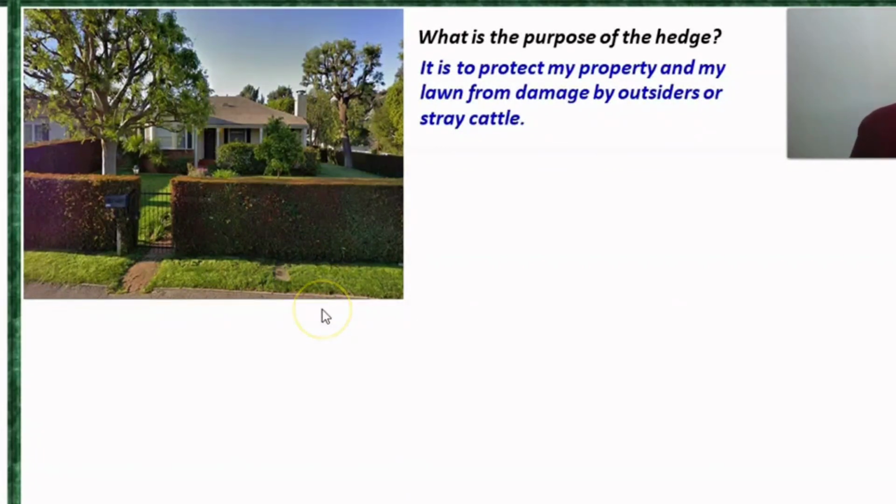Now in financial derivatives or in the stock market, the hedge is doing the same task or serving the same purpose. It is protecting your portfolio or your investment. But the difference is that here when I have made a hedge, it is once and for all.